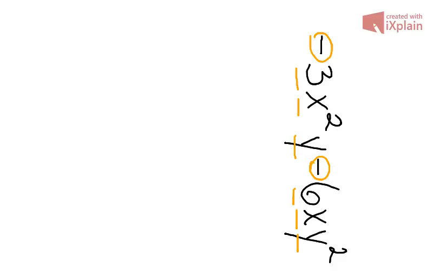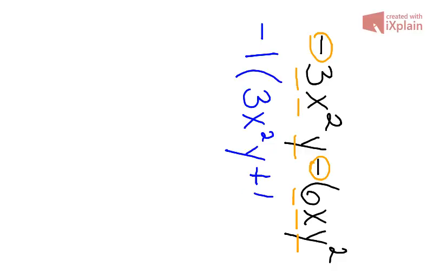So from here, if we were to pull out a negative 1 straight away, if you wanted to approach it like that, we would pull out that negative 1, and then we would be left with 3x squared y. And recall from class we had mentioned that if we pull a negative out, then all the signs in front of the terms will switch over.